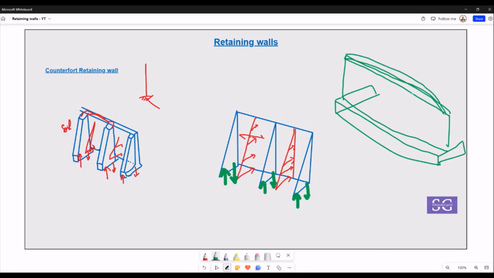To control that, you need to give counterforts at times. So this was a small part I wanted to bring forth on counterfort retaining walls. These are also very important and at times used to control the deflection in cantilever retaining walls.